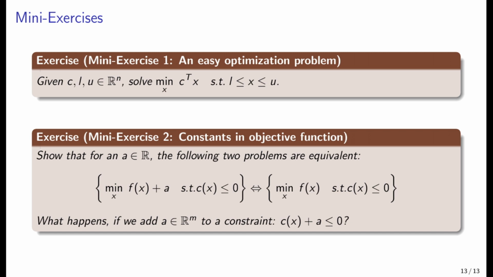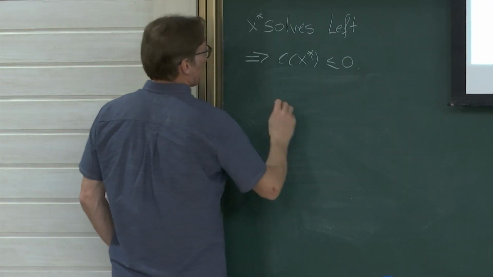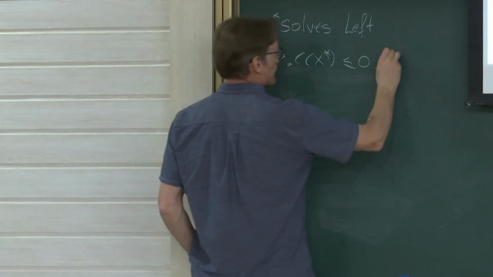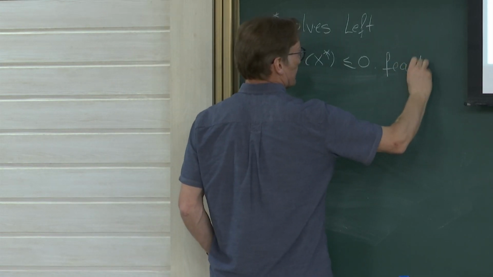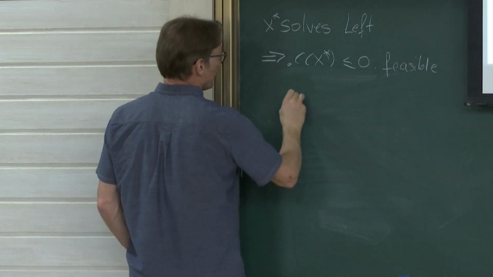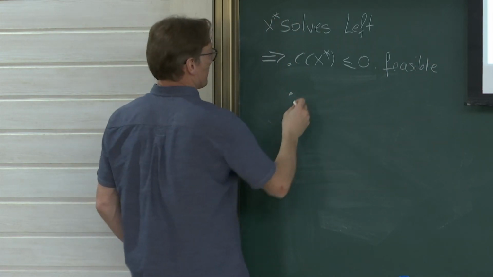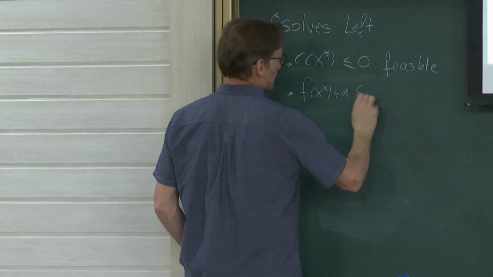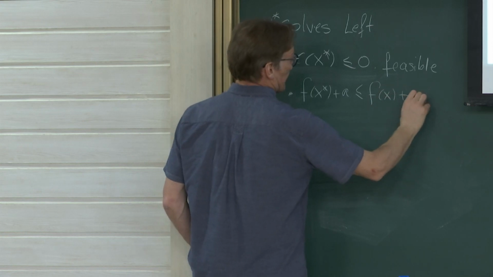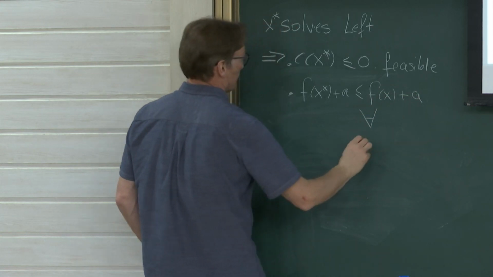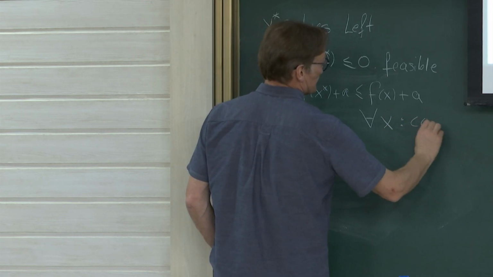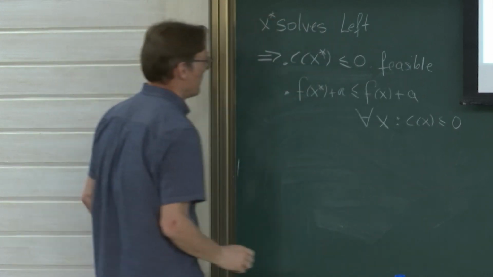Okay, so we continue our formal proof then. Great collaboration here. So we know that it's feasible. And then the definition of a global minimum is that f of x star plus a is less than or equal to f of x plus a for all x such that c of x is less than or equal to 0.